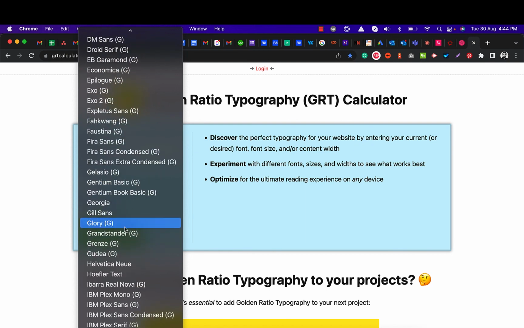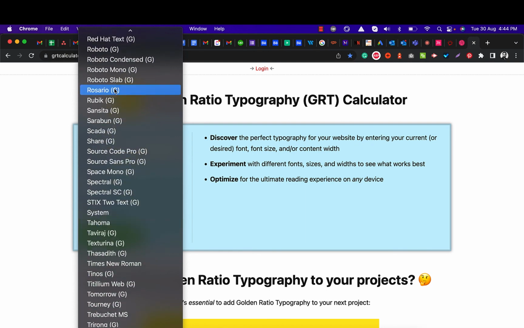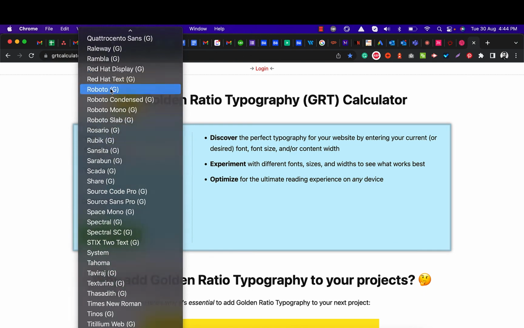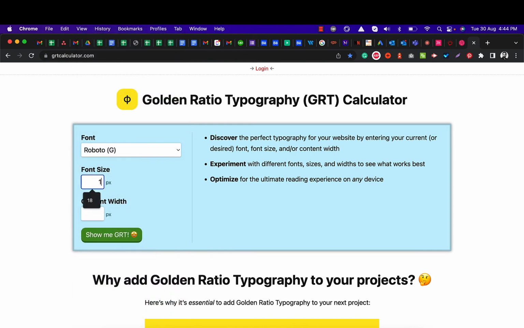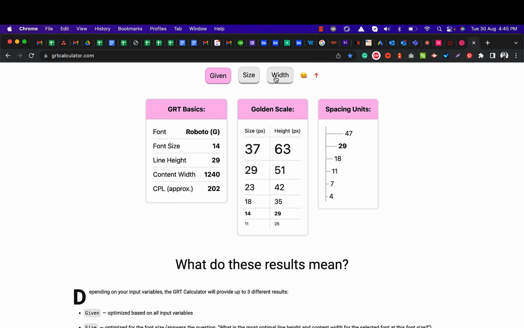I type a font size of 14 pixels, and content width of 1240. Then the GRT calculator tells me, for the font and font size you have chosen, this should be the line height, this should be the content width, this should be the CPL, this is the scale of the H1 tag, H2 tag.